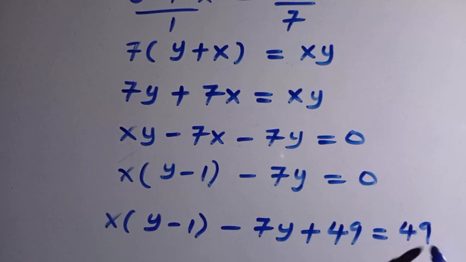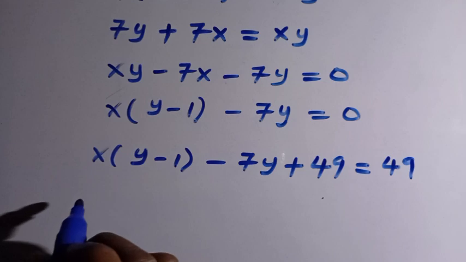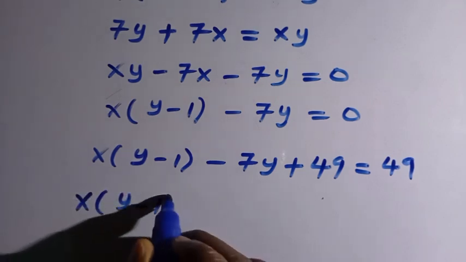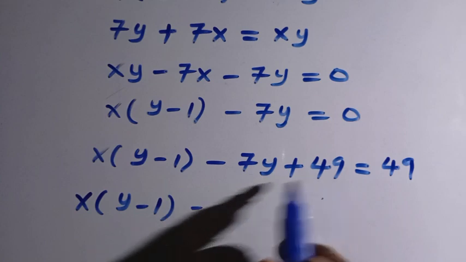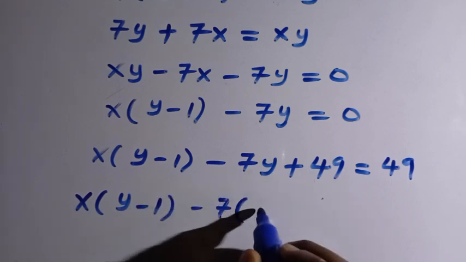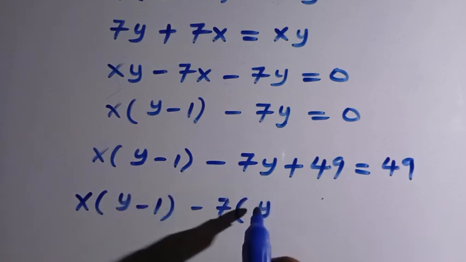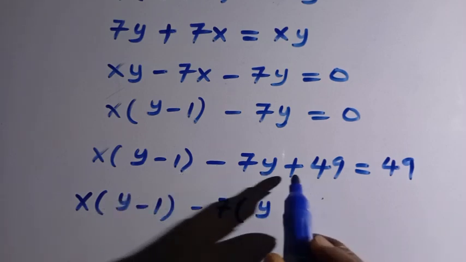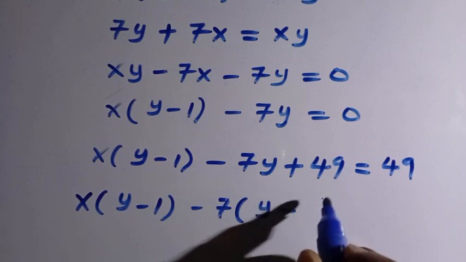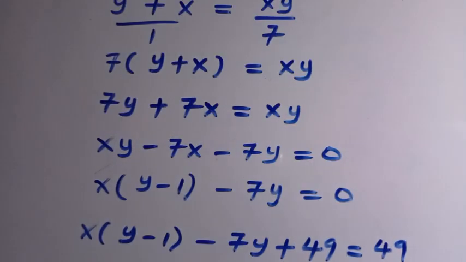That is also 49. After having this, we have x into bracket of y minus 1, minus, and what we can take out here is 7. Sorry, there is a slight mistake here.